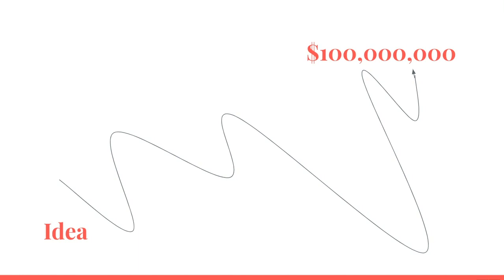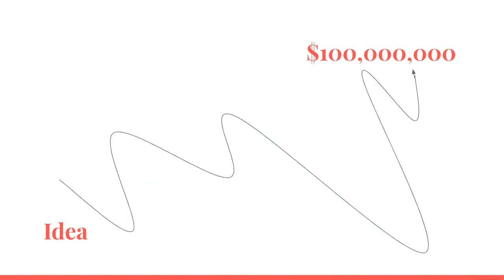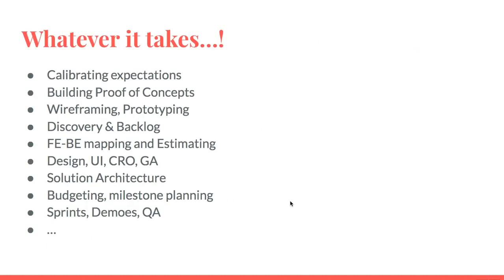So, our set of project management practices is aimed specifically at making this a straight line. And we'll learn a few of the cornerstone principles on how to do it. And there are much more. We have to calibrate expectations.